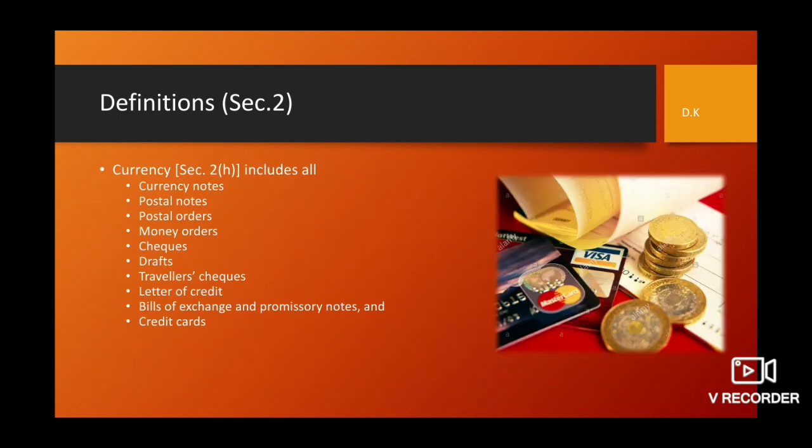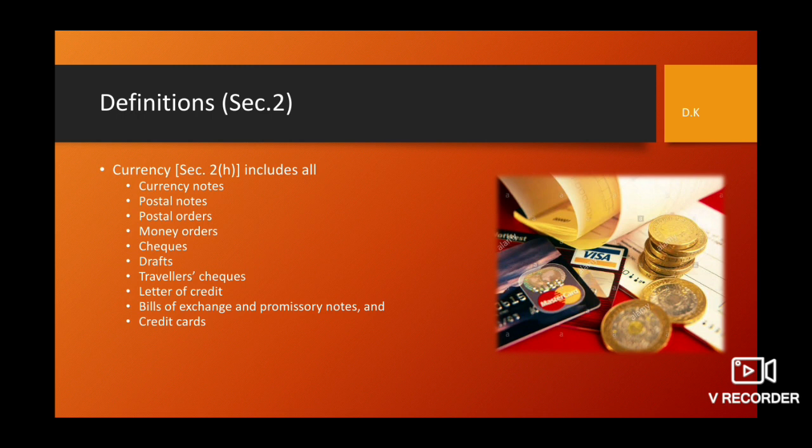Next, currency. Generally, what we say is that currency is nothing but currency notes, right? But according to the Act, it's not like that. Section 2, subsection H deals with the currency. Currency includes all currency notes, postal orders, money orders, checks, drafts, traveler checks, letter of credit, bill of exchange, promissory notes, and credit cards.